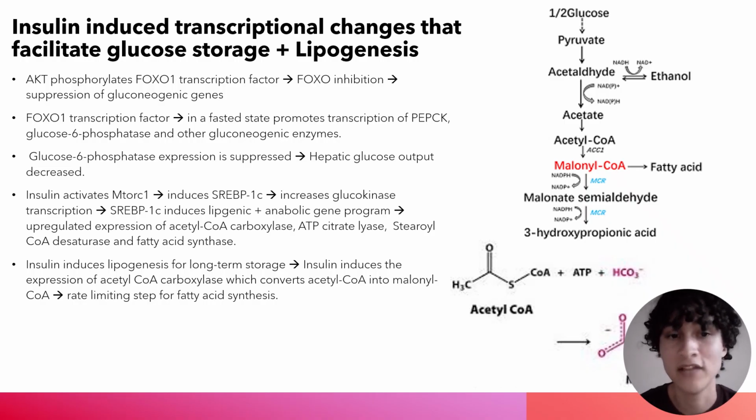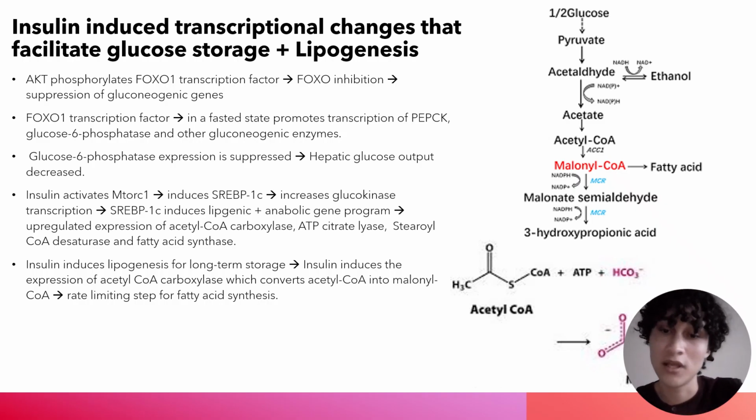So when insulin binds to its RTK receptors and that transcriptional shift happens, that signal transduction cascade will facilitate more glucose storage. So enzymes like glucose 6-phosphatase will be suppressed to prevent glucose from becoming dephosphorylated. It will also suppress gluconeogenic genes, of course, because we don't need more glucose.